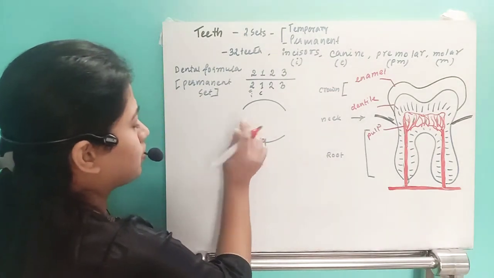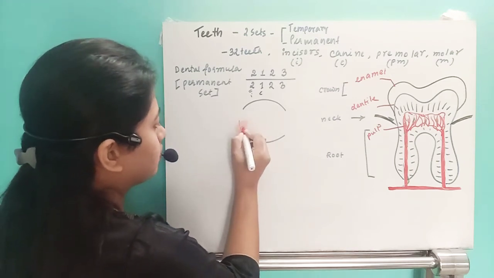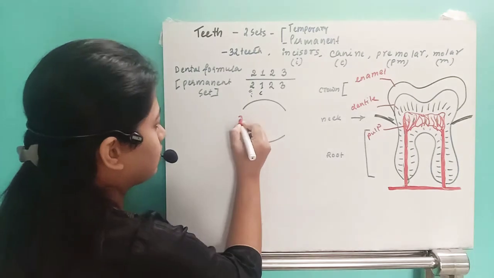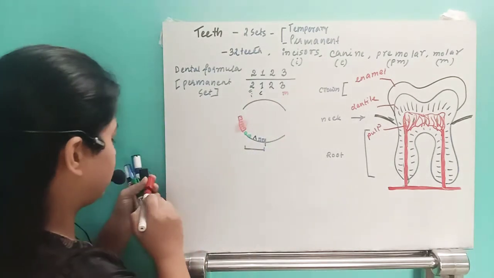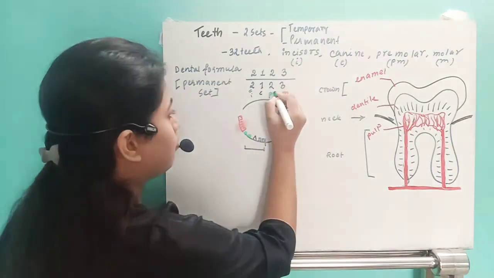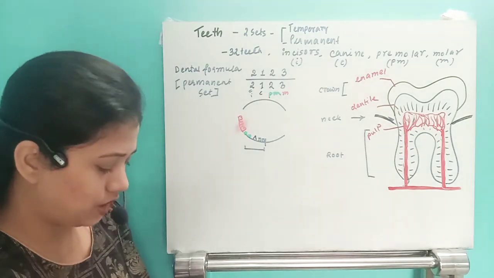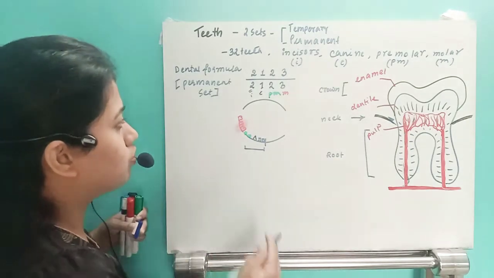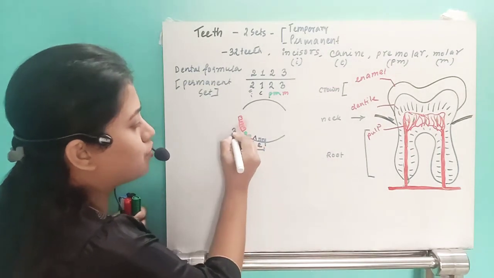This is the first, second, third. So these are the molars, and this green colored tooth is the premolar. So in one half, how many teeth do we have? 2 incisors, 1 canine, 2 premolars and 3 molars.